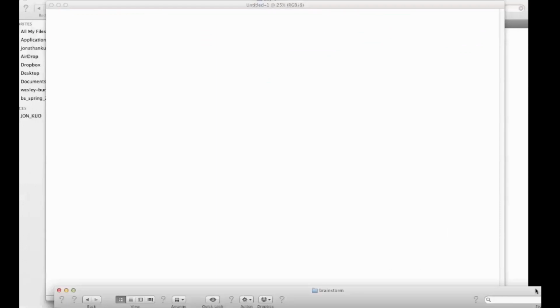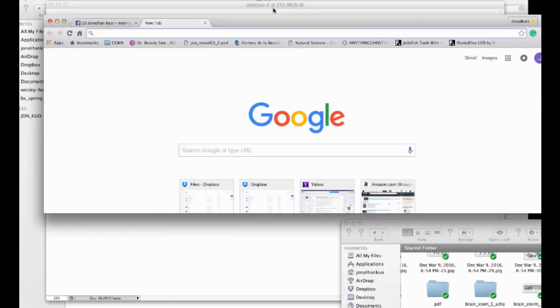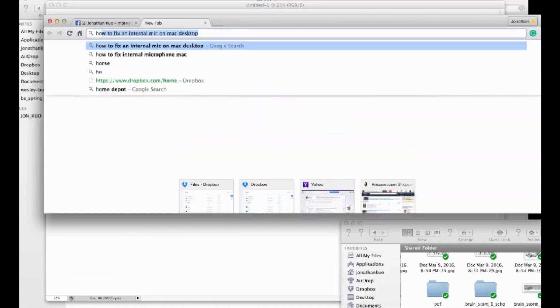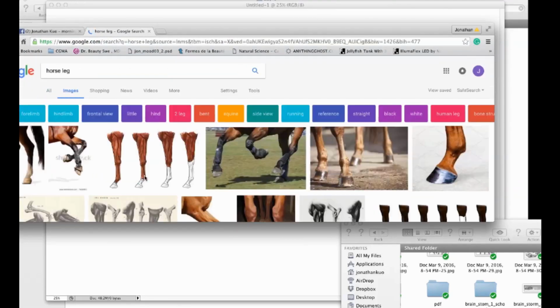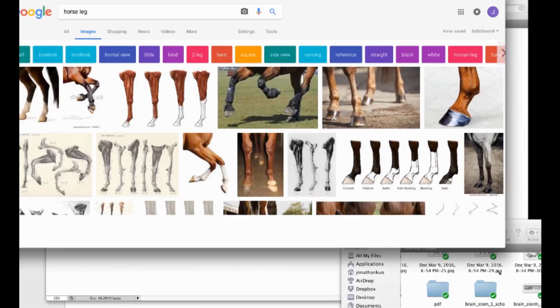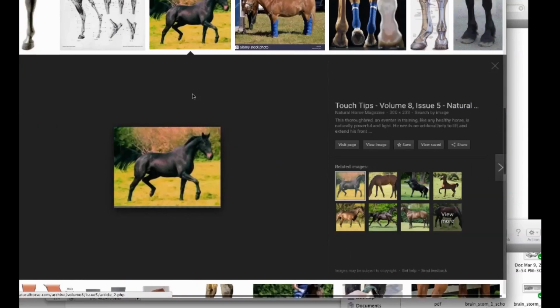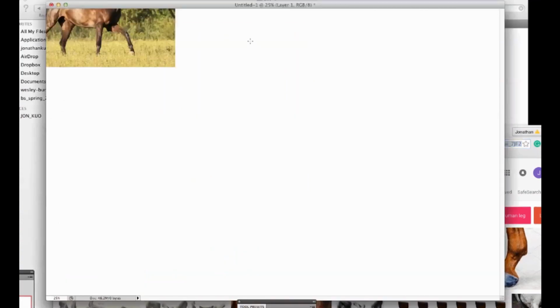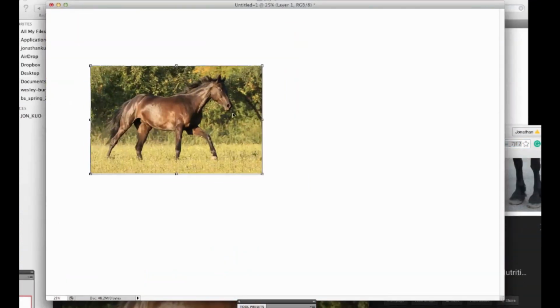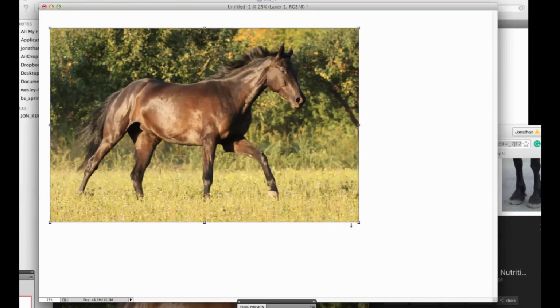So let's start with a random photo and let's break it down to the basic shape design, and so we could utilize that design. So we have enlarged this so you guys can see.